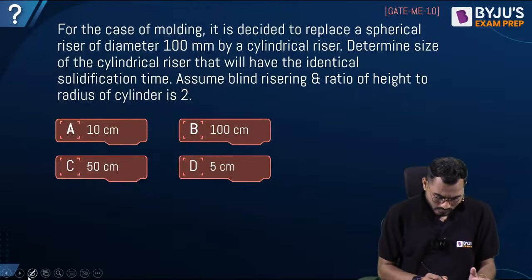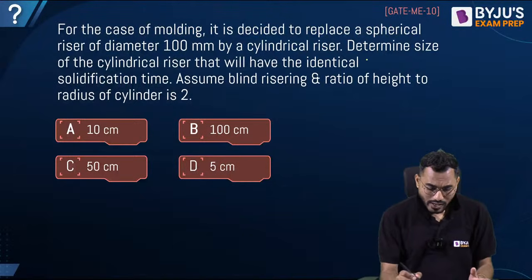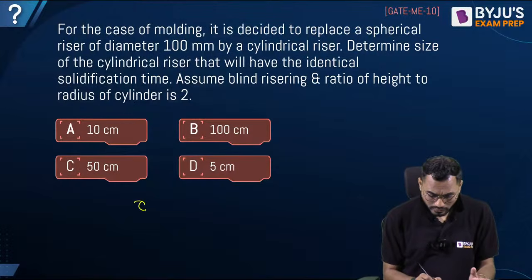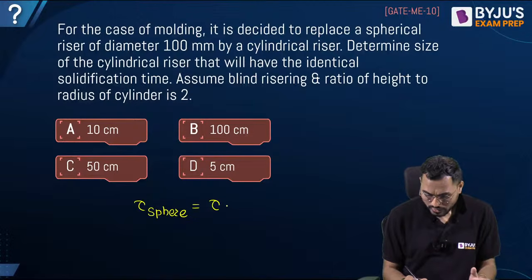So let's see that. It was given that the solidification time should be identical. So solidification time of the sphere is exactly equal to solidification time of the cylindrical riser.